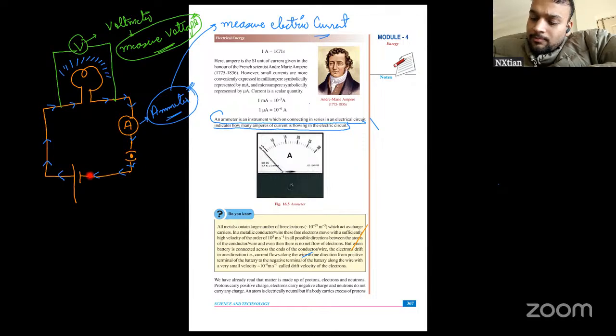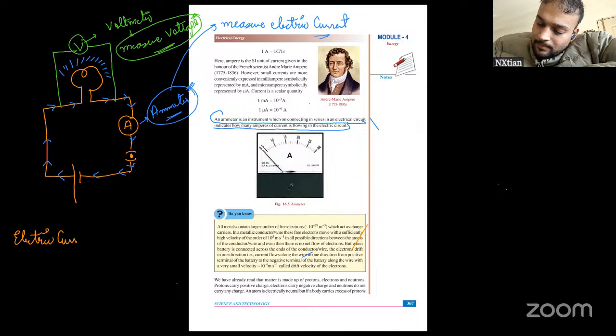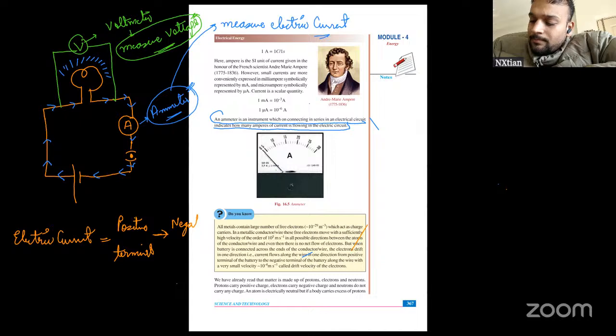Now one more thing. Electric current starts from which terminal? It moves from the positive terminal to the negative terminal.